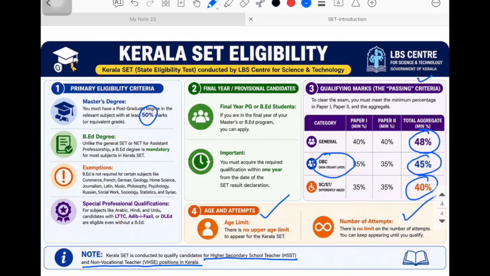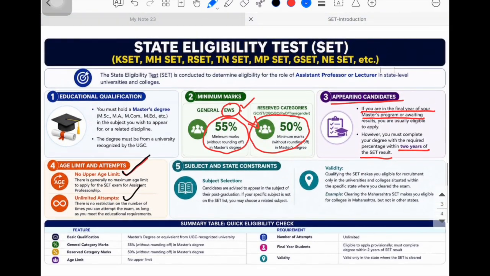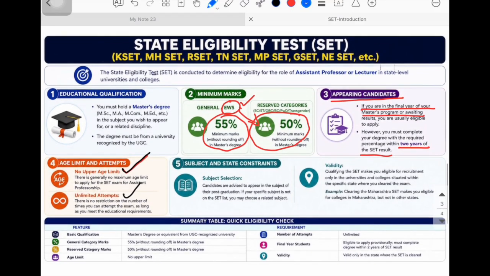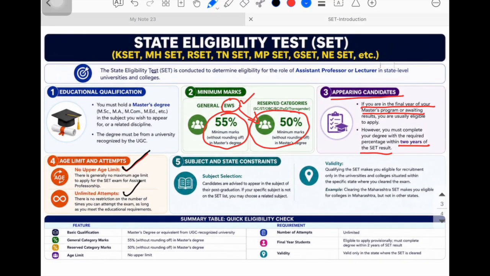After completing the course, you will get the PDF copy of each and every lecture, and after completing our classes, you will get a complete mock test series based on the state eligibility test question pattern. The same pattern you will get.